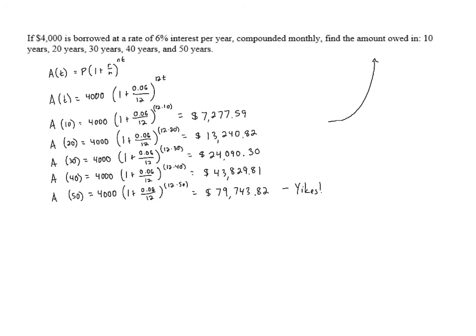The upside of this is if we were looking at this as an investment problem instead of a loan problem, then you can see how compound interest makes it grow faster and faster the longer it's been in. This is why many people suggest putting money into savings accounts and other investments very early on in your life, because the longer that interest compounds, the more money you end up getting.